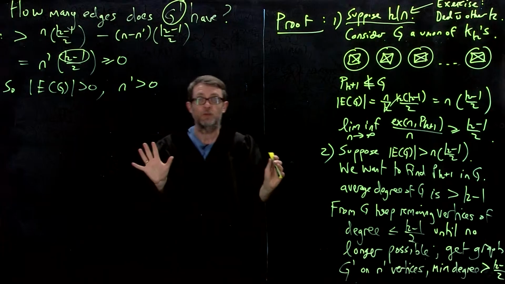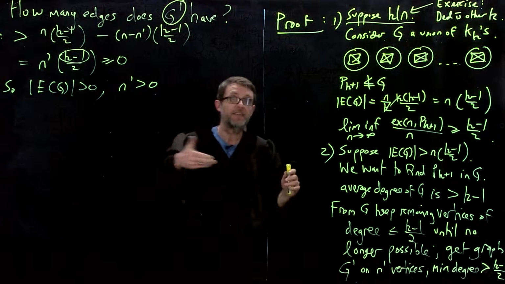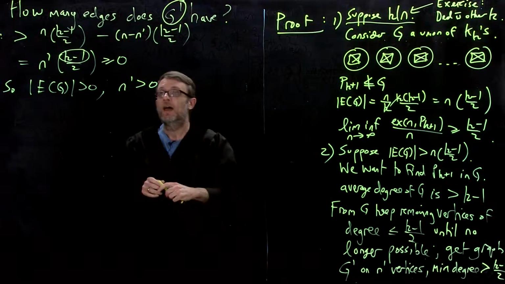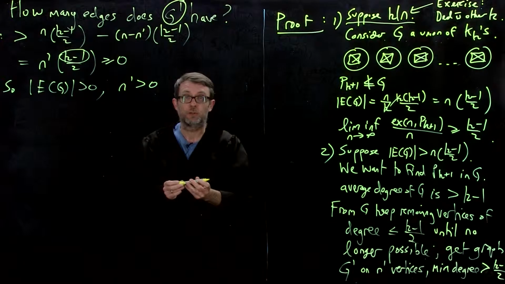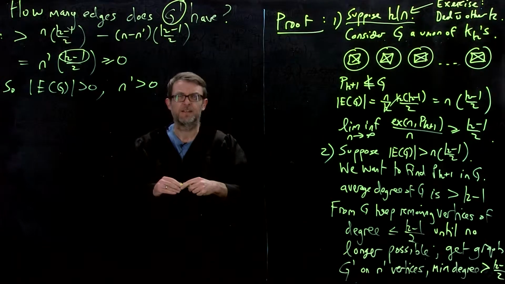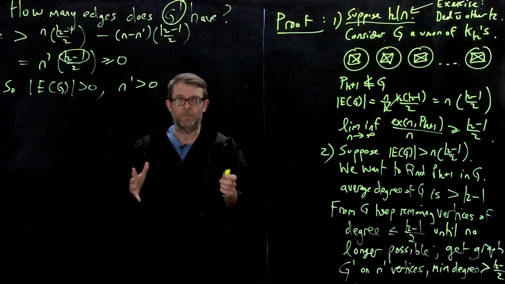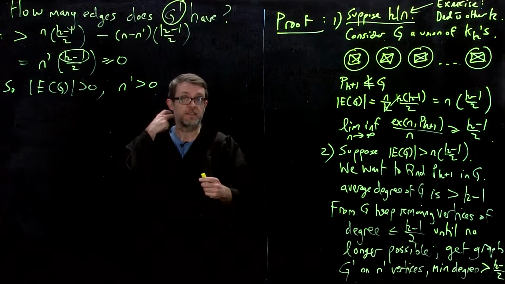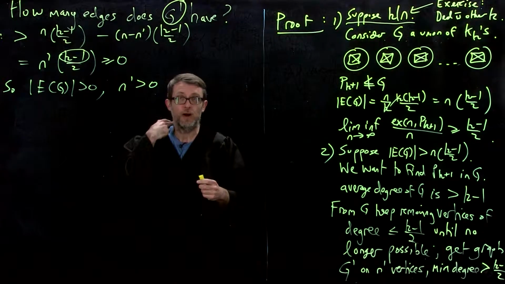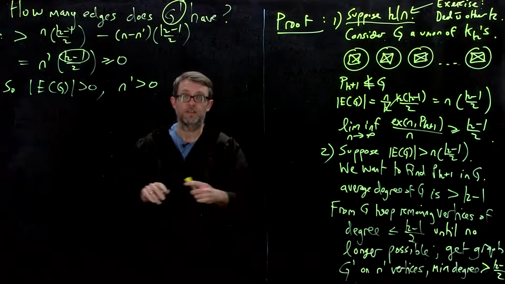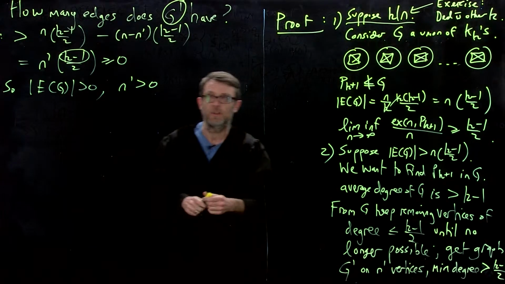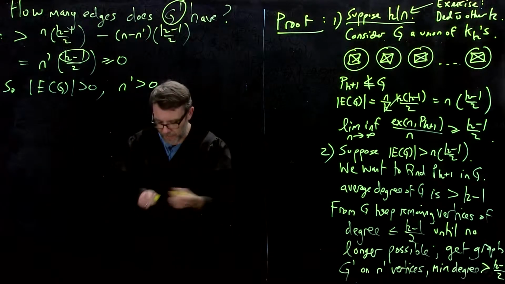I wouldn't have been able to do that if all I knew was that the average degree was high. Okay, so this is a very useful trick when working with graphs where it might be annoying to have to deal with a vertex of low degree. You can often eliminate the vertices of low degree and still be working with a quite substantial graph.